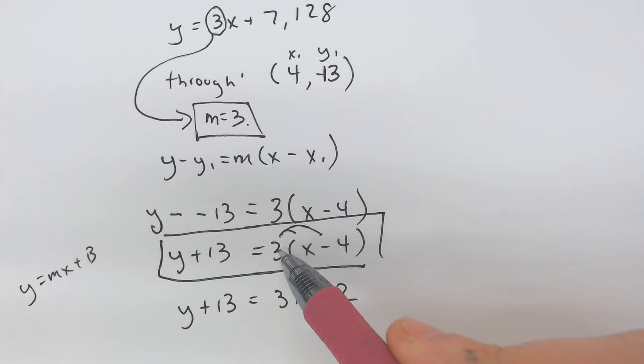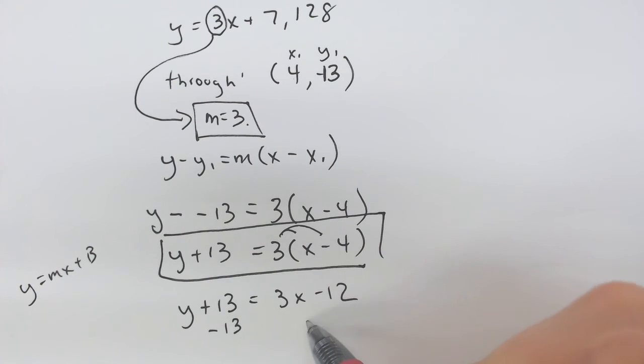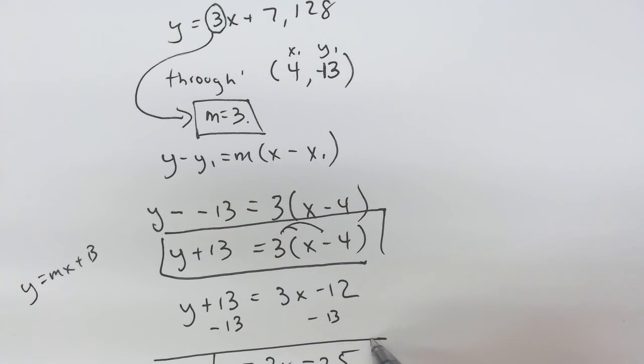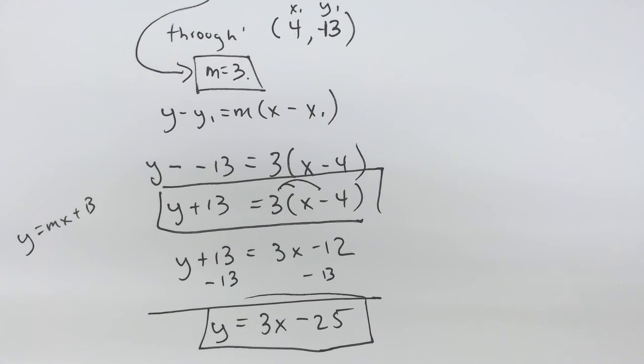And we just did that by doing 3 times x and 3 times negative 4. Move that 13 over, and we'd get our answer. Y equals 3x minus 25 when you subtract both of those. So both of those are acceptable answers, and both of those just have their own merits.